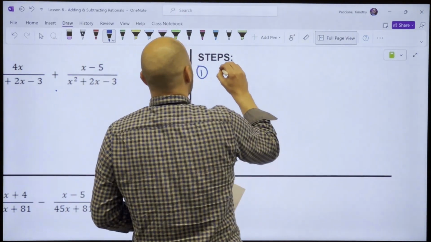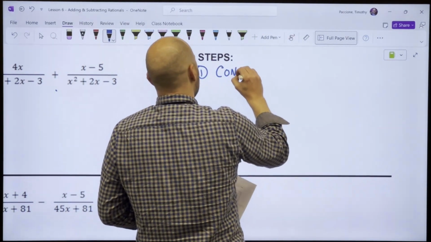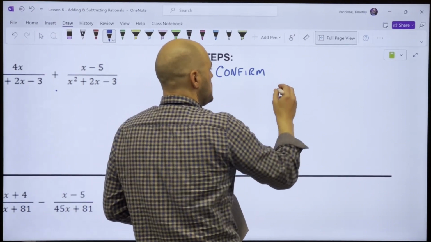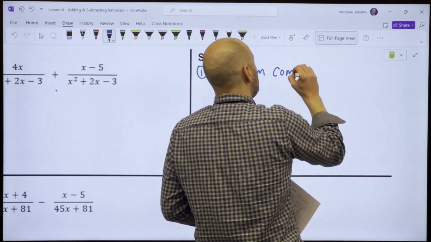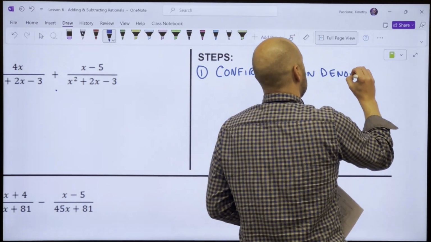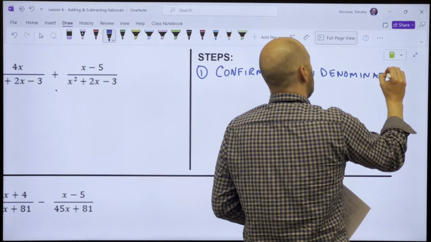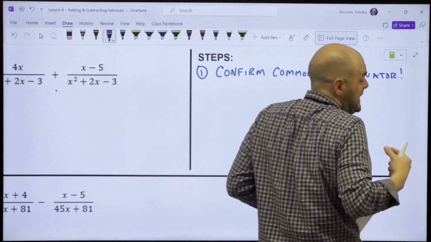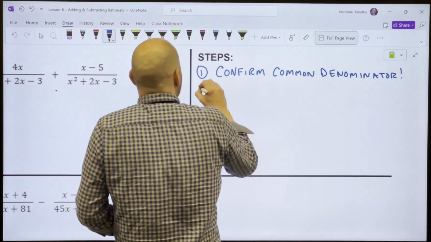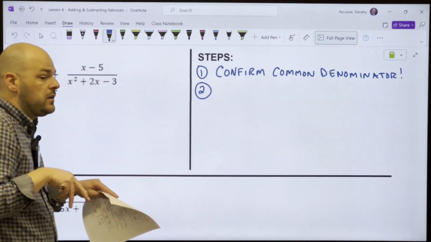So our first step is we always, in our brains, confirm what? Common denominator. We just say, okay, make sure there's a common denominator, right? I can't move forward until that is in place. So we confirm the common denominator. If it's not, we'll deal with that in the back, okay? Then, once I know I can move forward, I do 2 things. What are they?